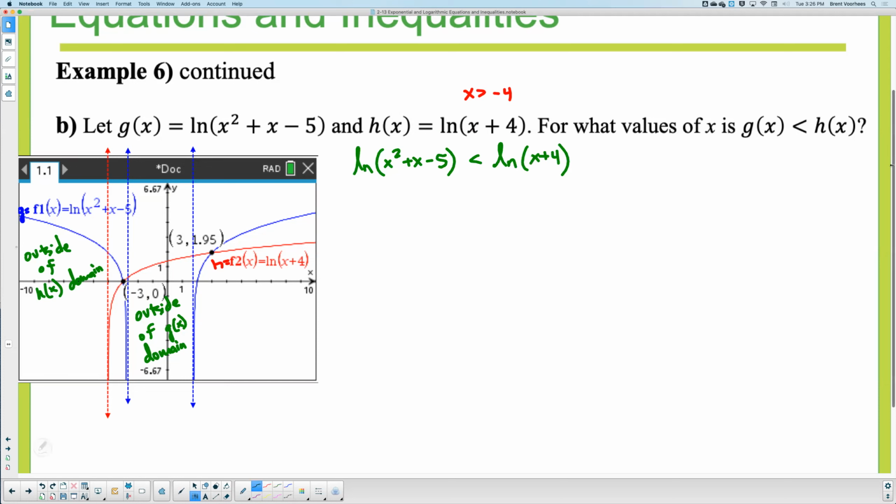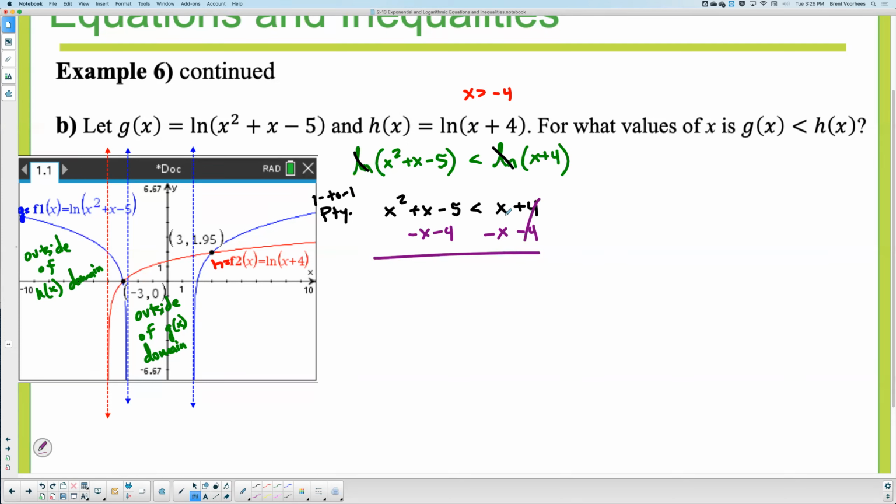Well, I can do the one-to-one property and say that x squared plus x minus 5 has to be less than x plus 4. Doing my algebra, I would subtract x from both sides, and I'm going to subtract 4. And so I find out that x squared minus 9 has to be less than 0.